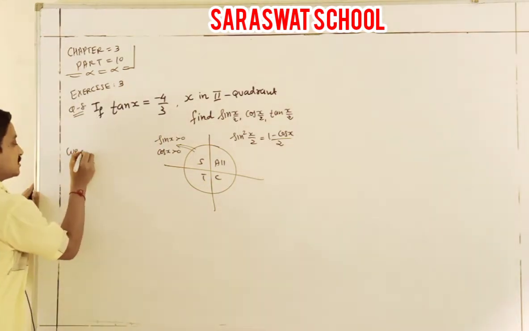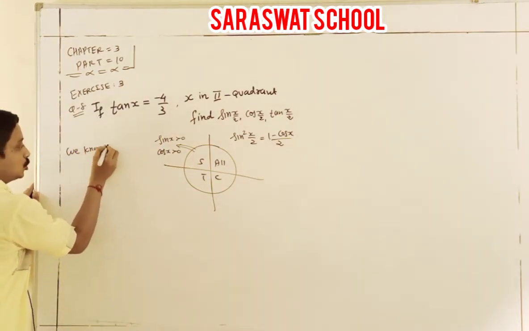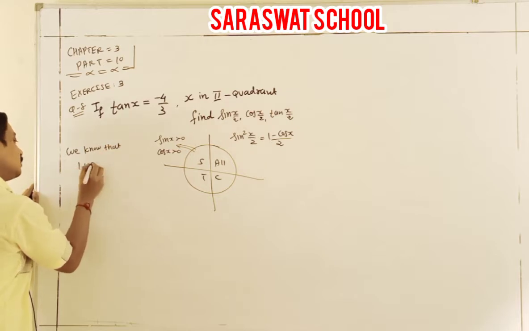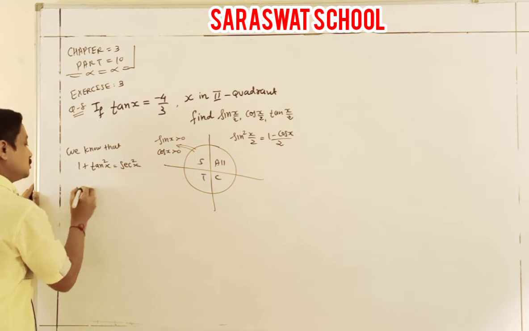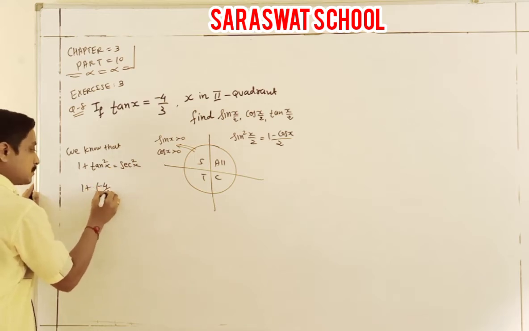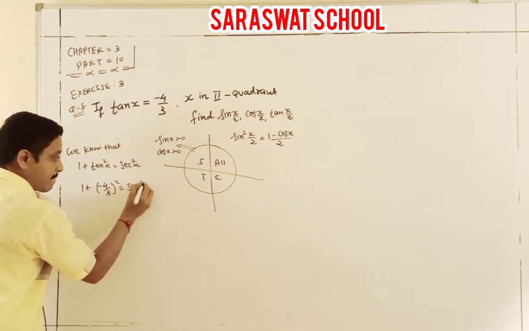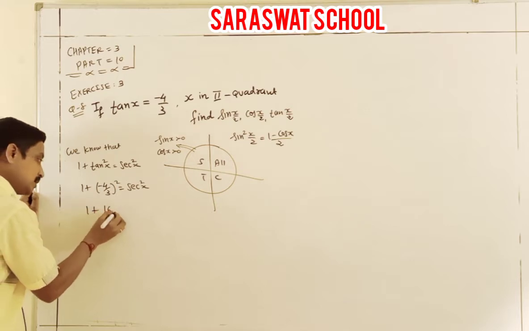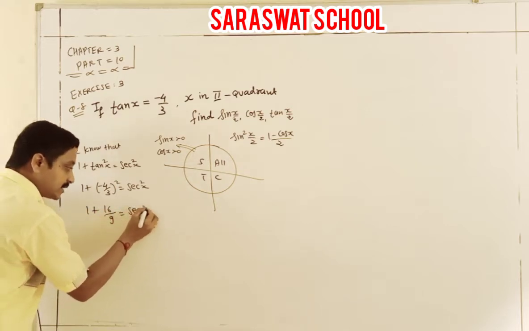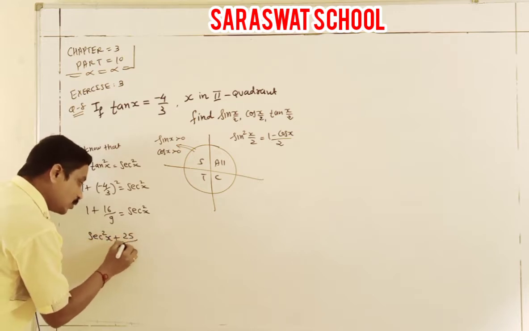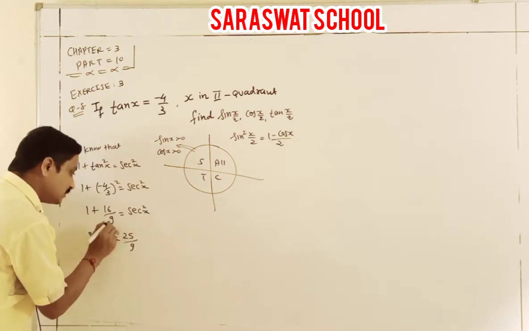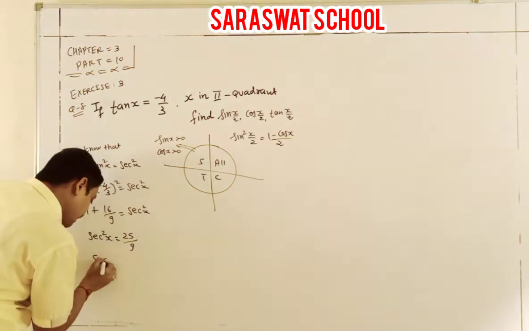So we know that 1 plus tan square x is equal to sec square x, and here the same: 1 plus 16 by 9 is sec square x. So it is 9 plus 16, 25 by 9. So what is the sec x?